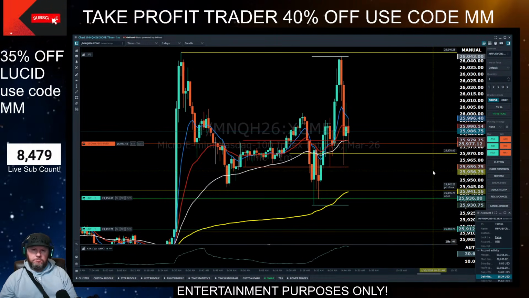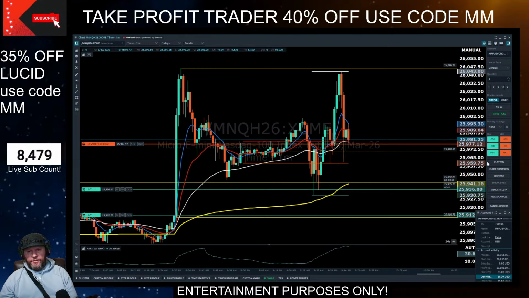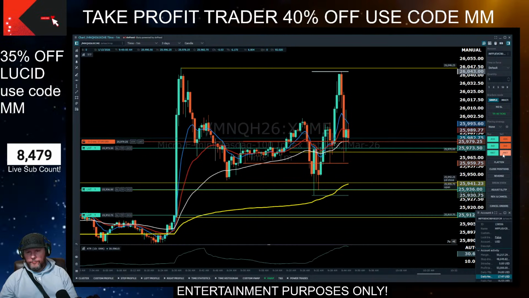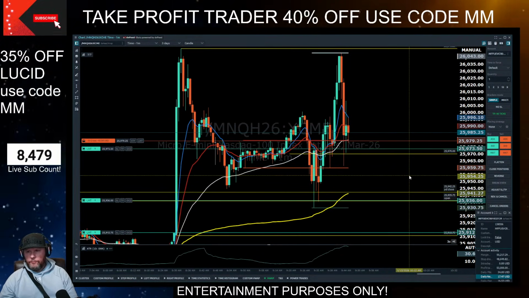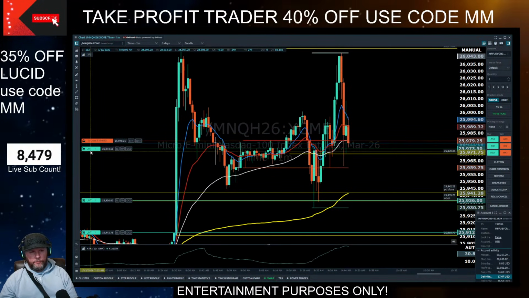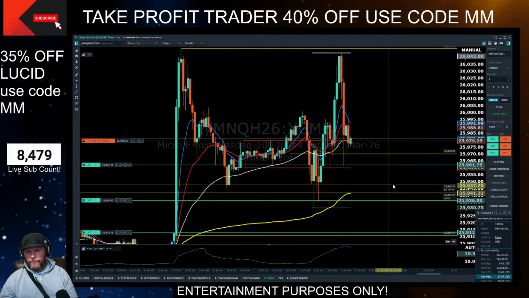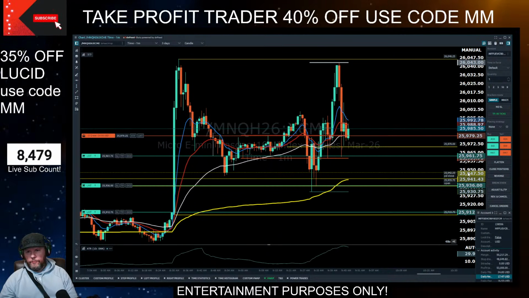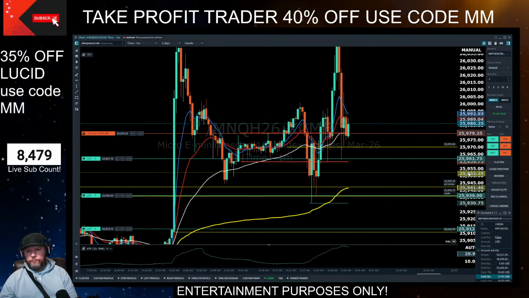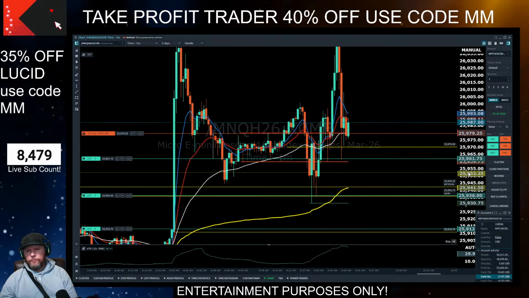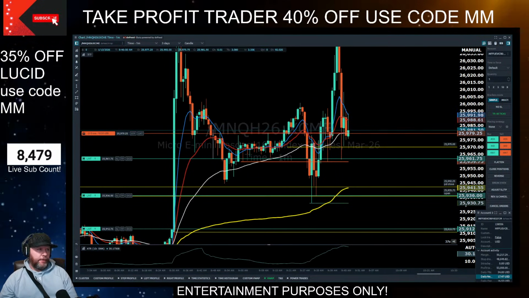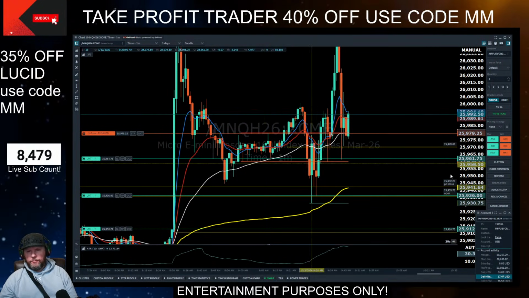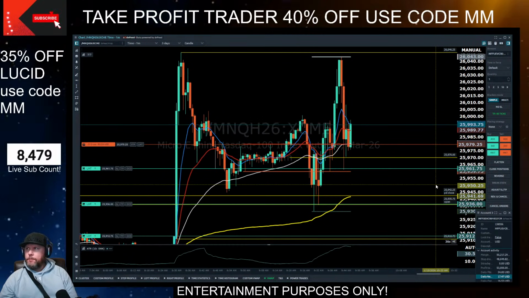There's nothing on the 5, so it should go if it's going to go. A close back above the 2 minute gap, or the 1 minute gap for that matter, and we can just get out on that. So, stop to break even back below that wick down there where I got the first target.